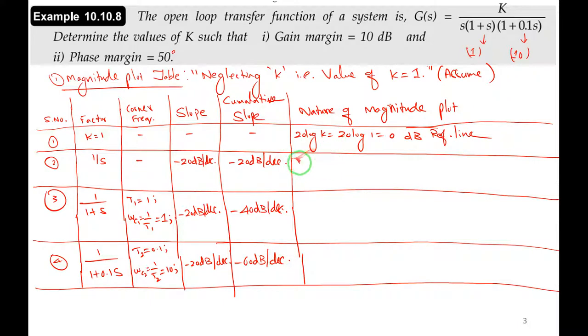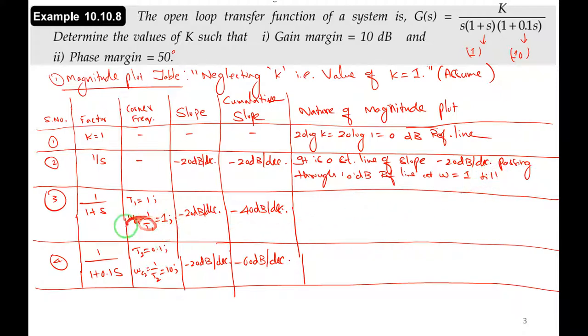Okay, let me write the comment here. The pole at origin will give me the initial slope of the magnitude plot. It is a straight line of slope minus 20 dB per decade, passing through the 0 dB reference line at omega equal to 1, till the corner frequency.